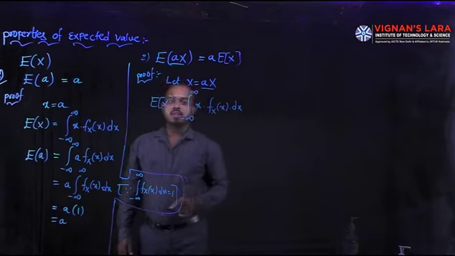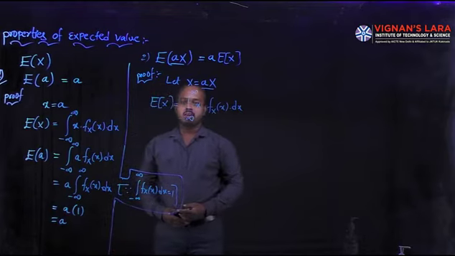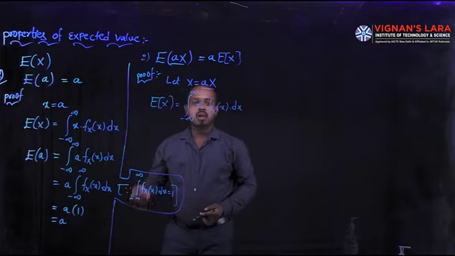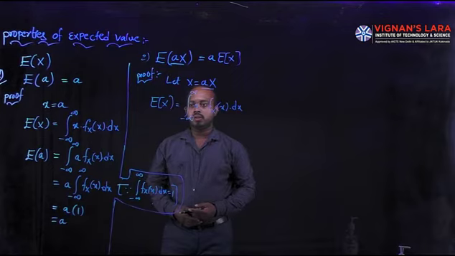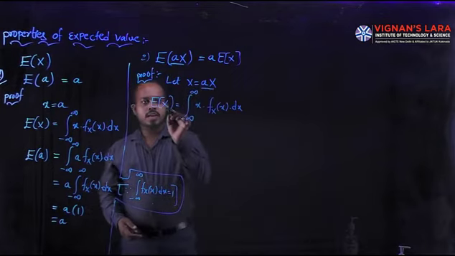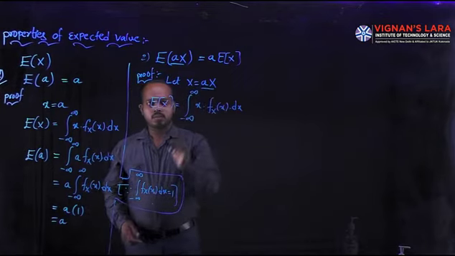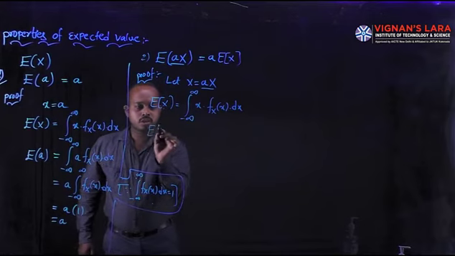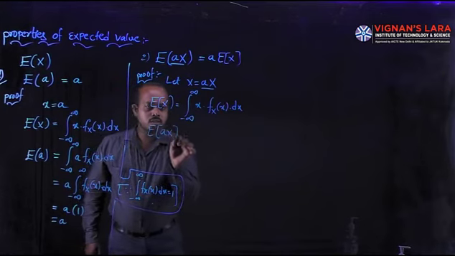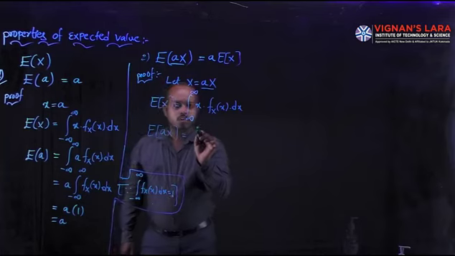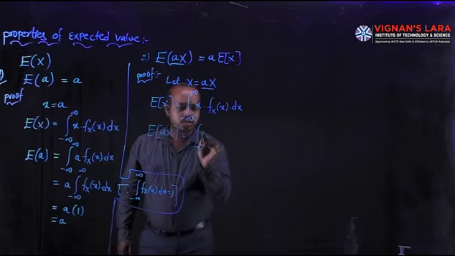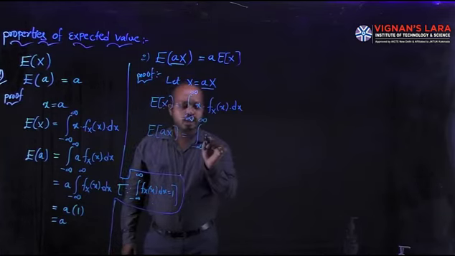You can write either small x or capital X; any value can represent an element of a random variable. Now you replace the x quantity with Ax. The expectation of AX is equal to the integral where x is there, replacing the quantity with Ax.